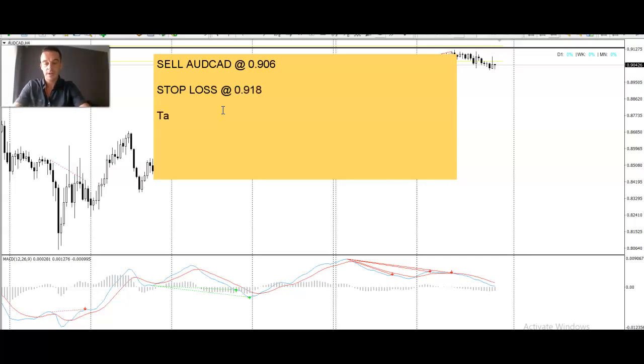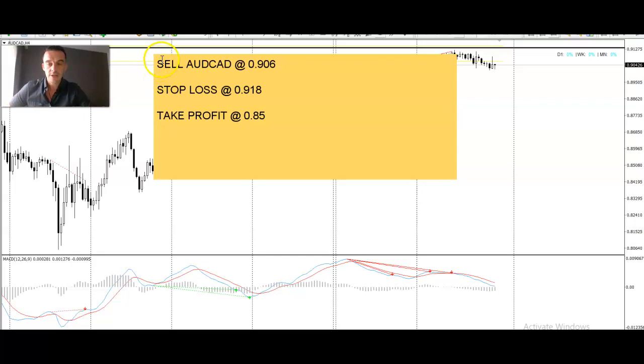And our take profit, I'll go over in a minute, is all the way back down. Some people like to take these trades long term and hold them, because longer term they mostly always go down to the take profit target of 0.85. So that's the trade.